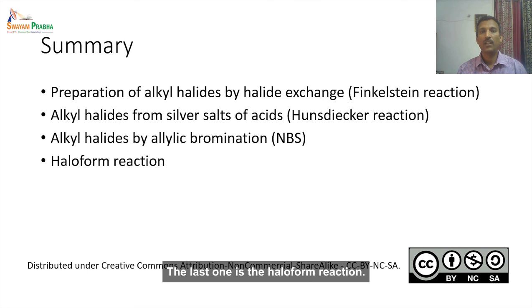The last one is the haloform reaction. This mainly requires an acetyl group to be present in the starting material. Basically, ketones having CH3 groups, alcohols having CH3 groups, or acetaldehyde can be used to prepare haloforms.